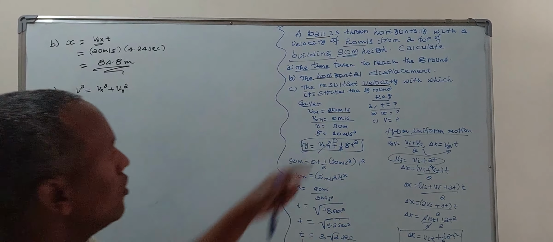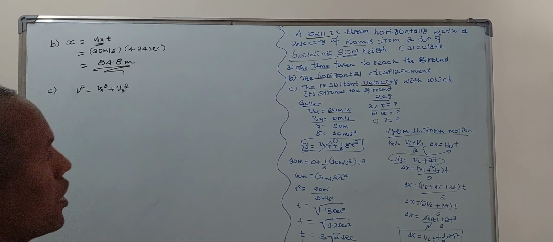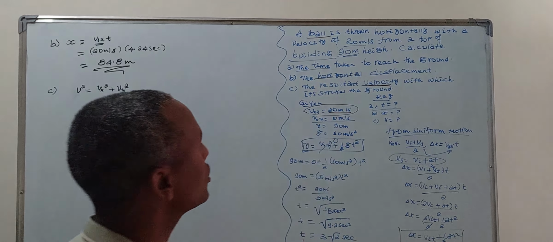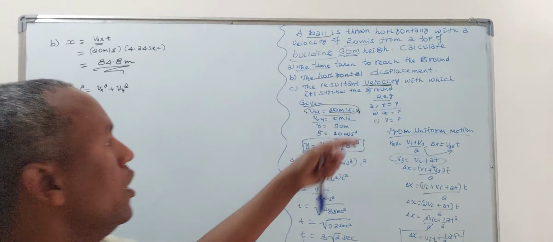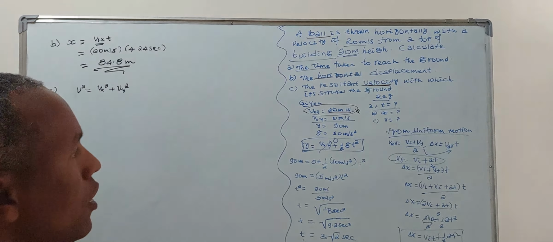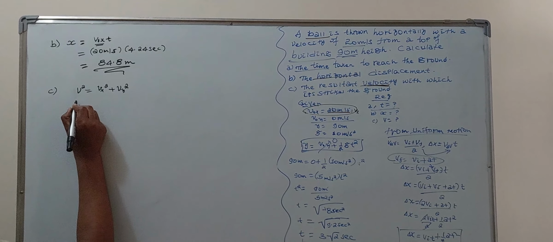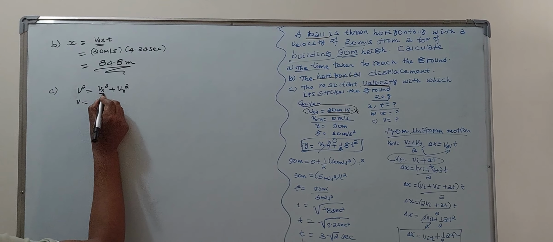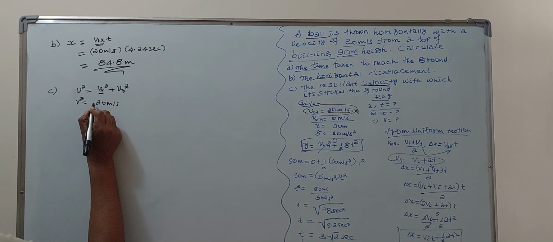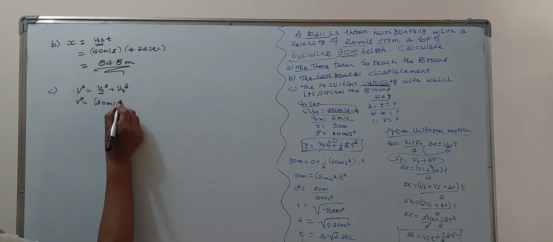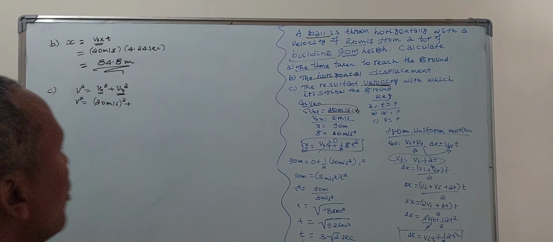We do have vx, because it's a constant horizontal velocity. That's why I told you that you need to use the horizontal constant velocity. So vx is equal to 20 meters per second, the whole squared, plus vy. We don't have vy over here, as you can see.